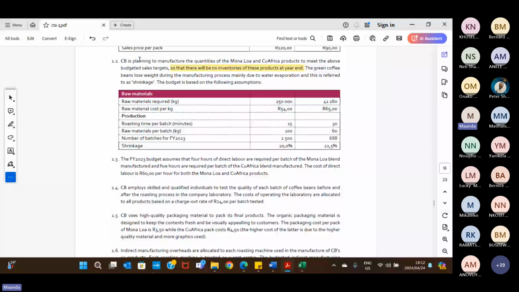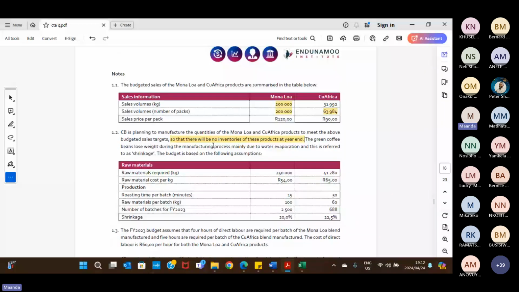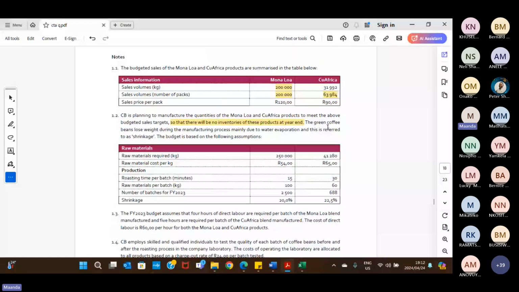So I don't have any closing inventory, right? So good. The green coffee beans lose weight during the manufacturing process, mainly due to water evaporation. They will shrink, so it's referred to as shrinkage because of the loss of water.